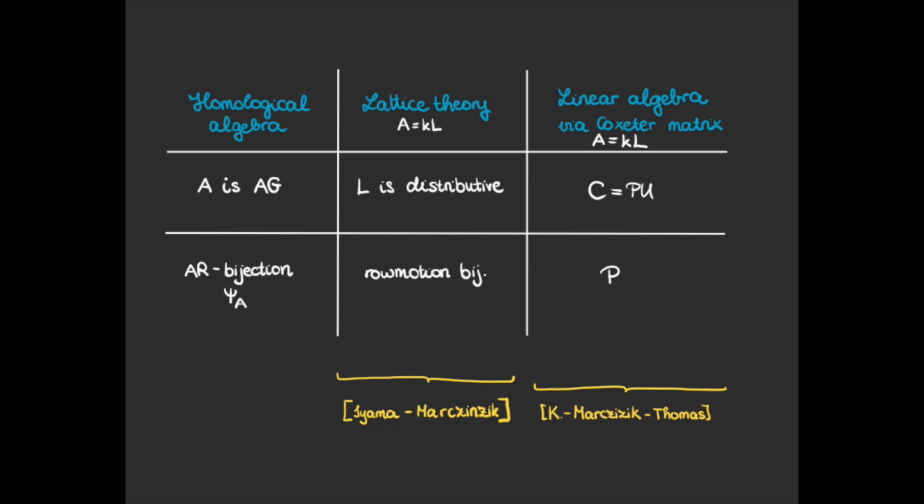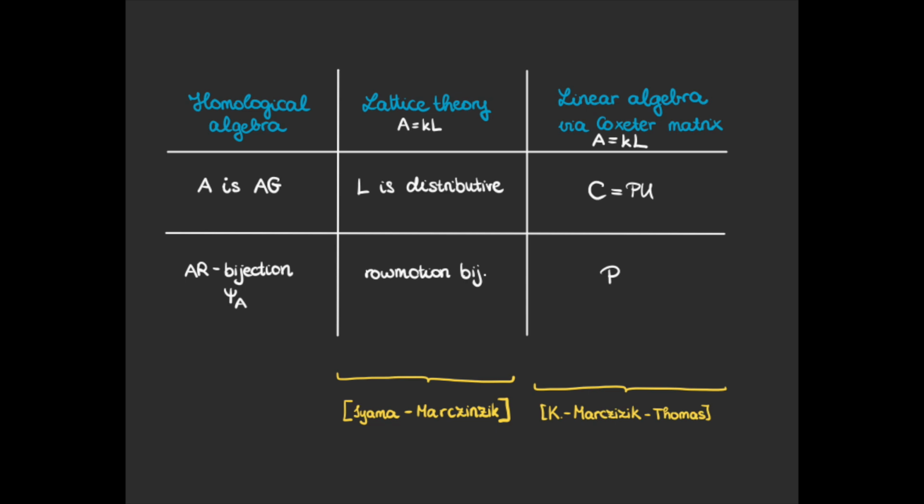And let me also emphasize that this result is also quite easy to check. So if you have a Coxeter matrix, this just says that this is upper triangular up to reordering its rows. So this is a condition which is much easier to check than actually checking the original homological definition.